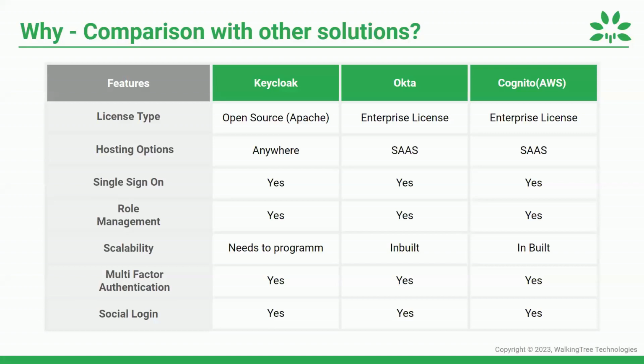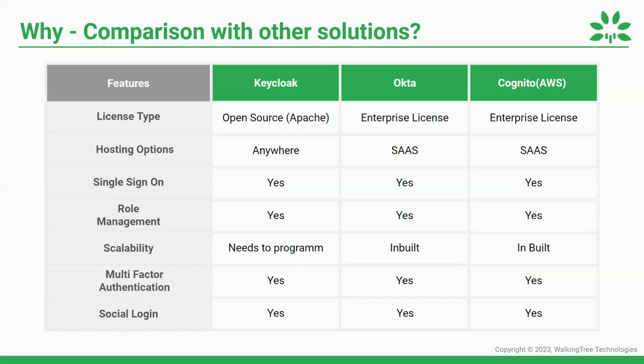But coming to Keycloak, as the code is with you and you're hosting your own service, scalability should be programmed or taken care of by yourself. And nowadays, with the improved DevOps capabilities with Kubernetes, OpenShift and other tools, managing the scalability of a Keycloak instance is not a very complex thing to manage.